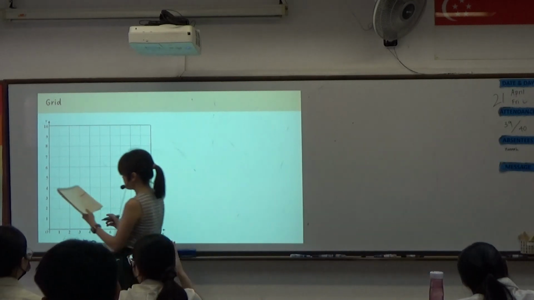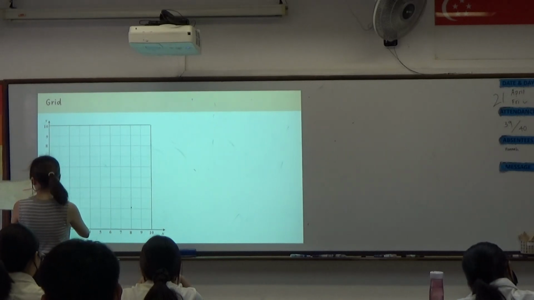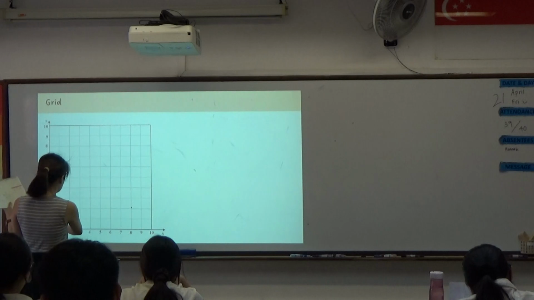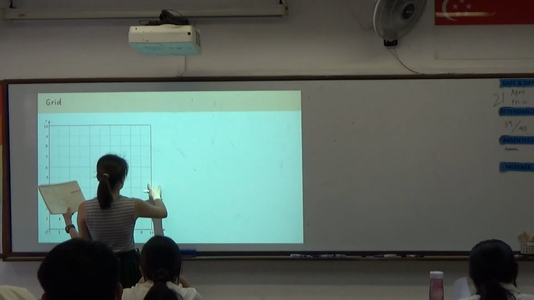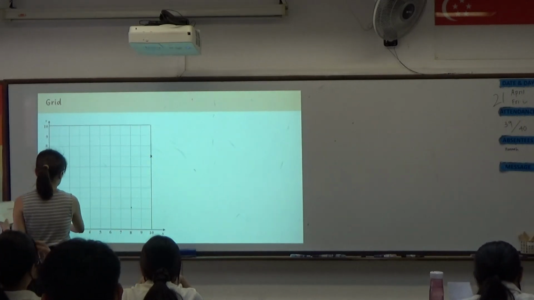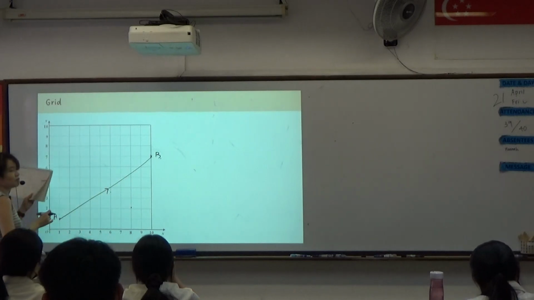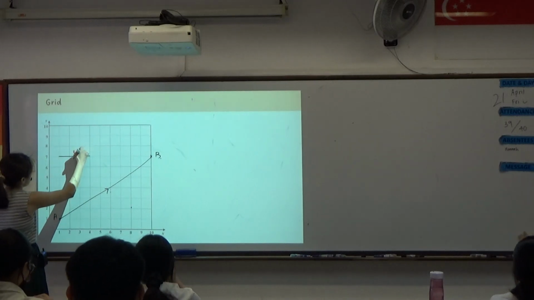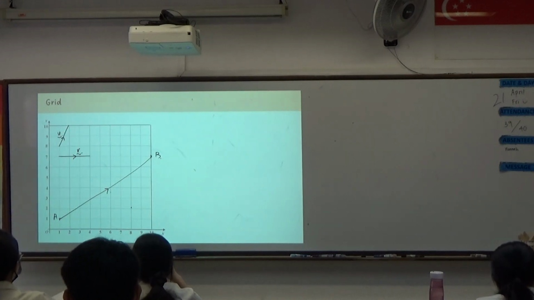Let's say I have a vector AB over here, starting from here, and I also introduce to you two other vectors, this vector V and another vector U. This vector AB can be written as a combination of the smaller vectors U and V.